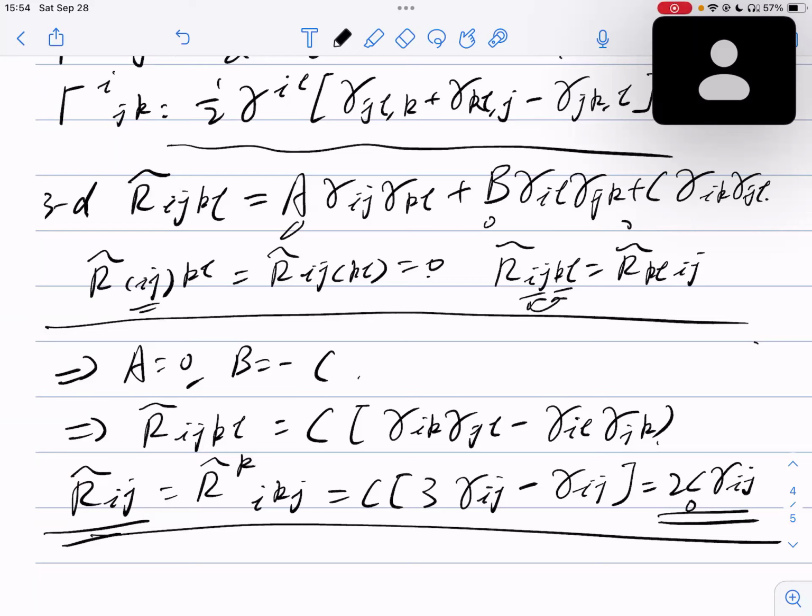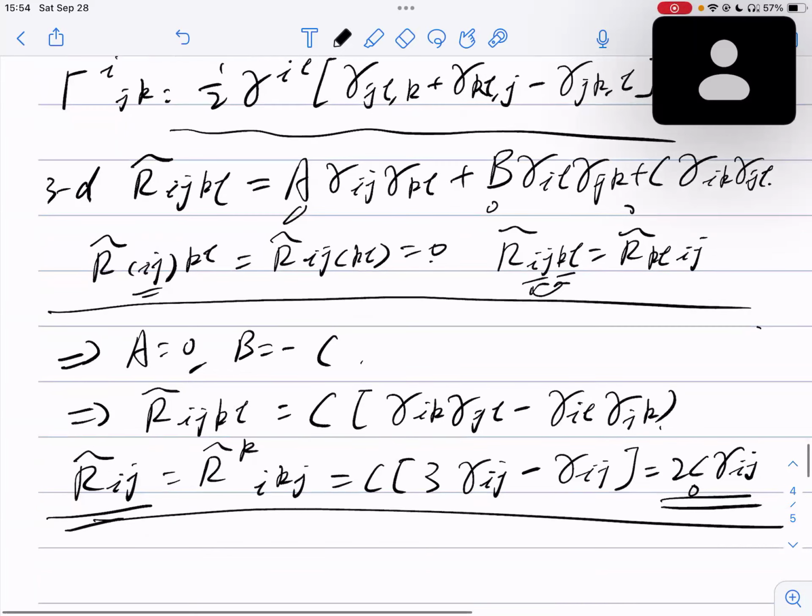That is the logic. Now, the simplest point in this space is of course the origin.